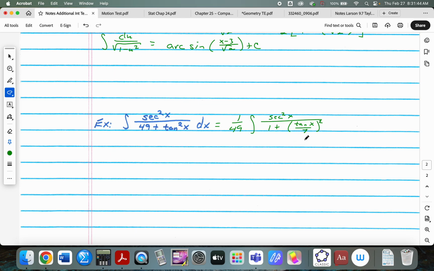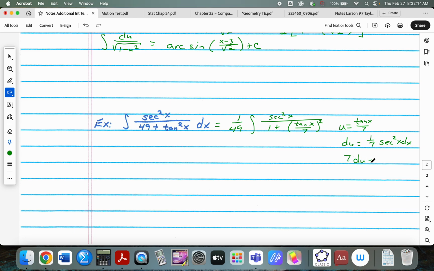And again, at first you might think that's just horrible, but it's not so bad because what's the derivative of tangent of x? Secant squared x, which is right here. So I'm going to let u be equal to tangent of x over 7. Then du will be 1/7 of secant squared x dx.